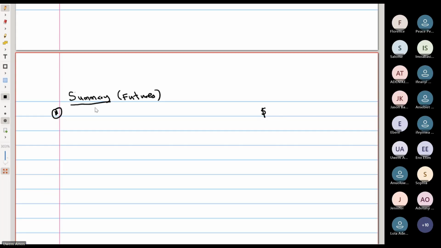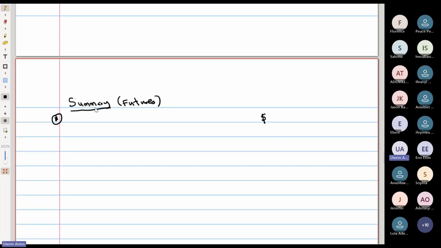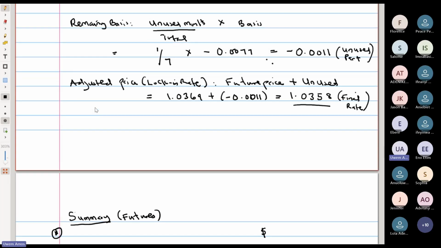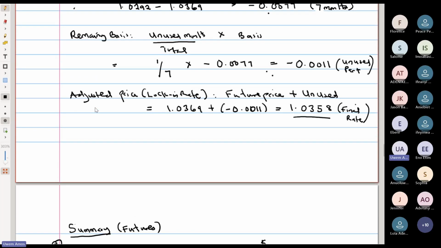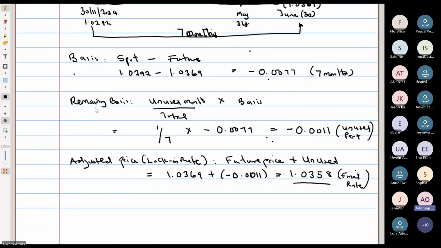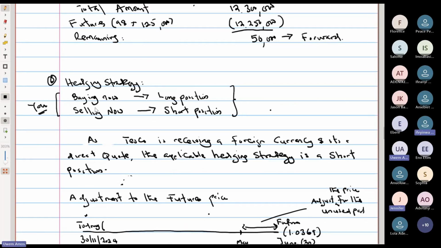Our price, our lock-in rate, is 1.0358. And I took my time to explain why we made this adjustment. We know why, and you know that if there's no difference, you're not making an adjustment. So let's summarize. Our price is 1.0358. How many futures did we buy? 98.